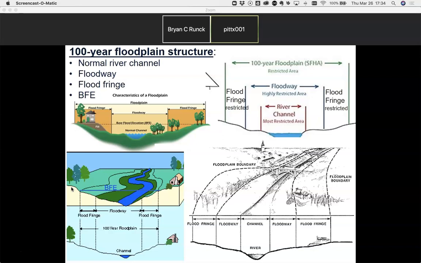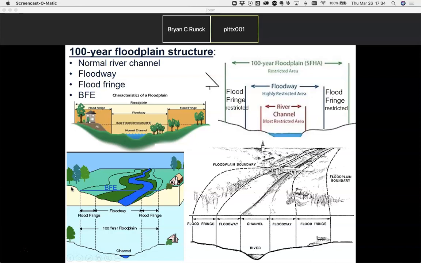And so when we talk about the 100-year floodplain, we're talking about the normal channel and the floodway of that normal channel. And then we're talking about the area of the landscape in addition to the floodway that's inundated by a storm produced by a precipitation event that has a frequency of occurrence of 1 year in 100.